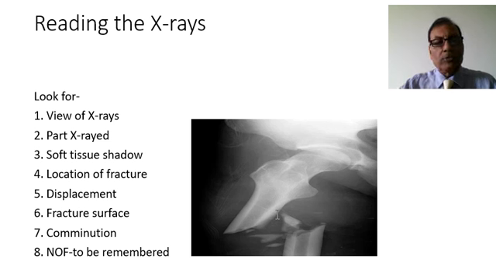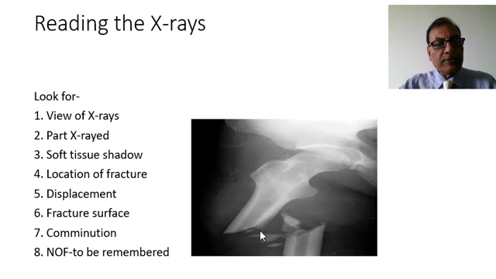Now, how to look at the X-rays and how to describe it. So you have to look for the view of the X-ray and which part, which side. So say for example here, if it is right side, it is X-ray of the right femur, including hip. So this is the way usually you can find hip and knee as well.